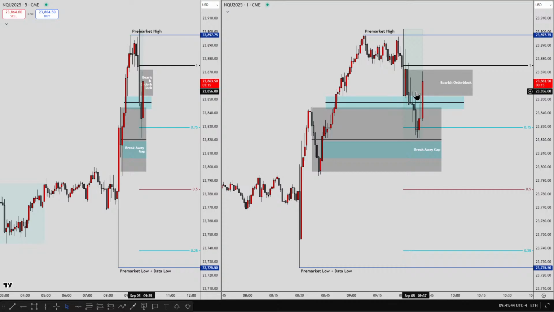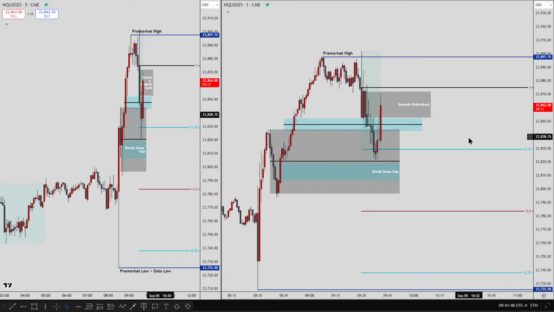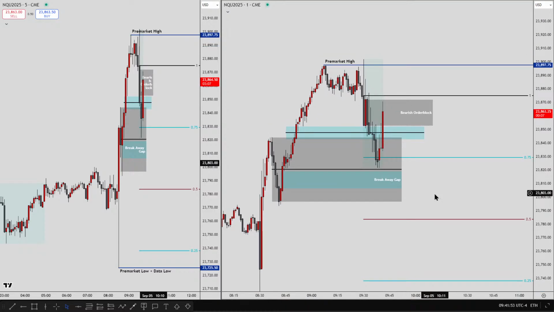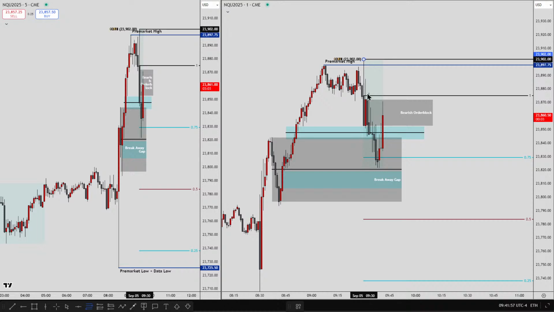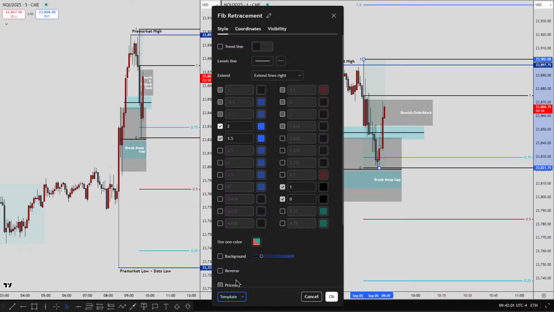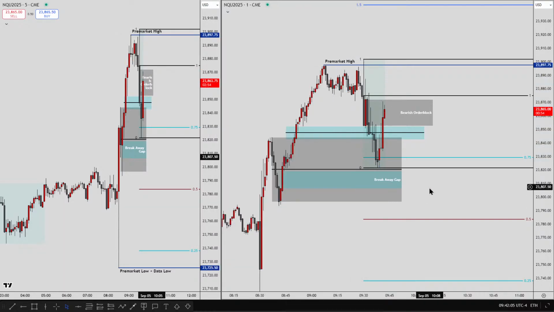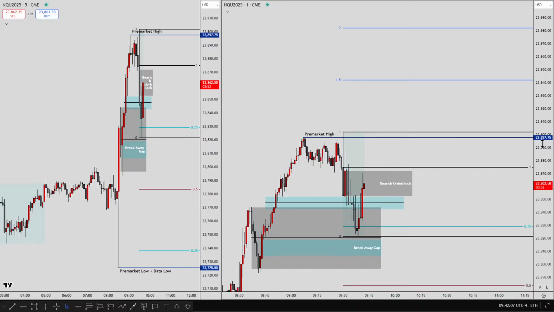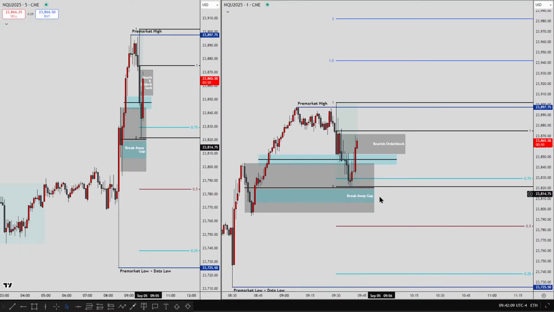But then it's like, but where's your draw on liquidity? Well, in this situation, I would use a fulcrum, which is a way to measure standard deviations. So I would use from that high to this low, and I put these standard deviations on. So 1.5 and 2.